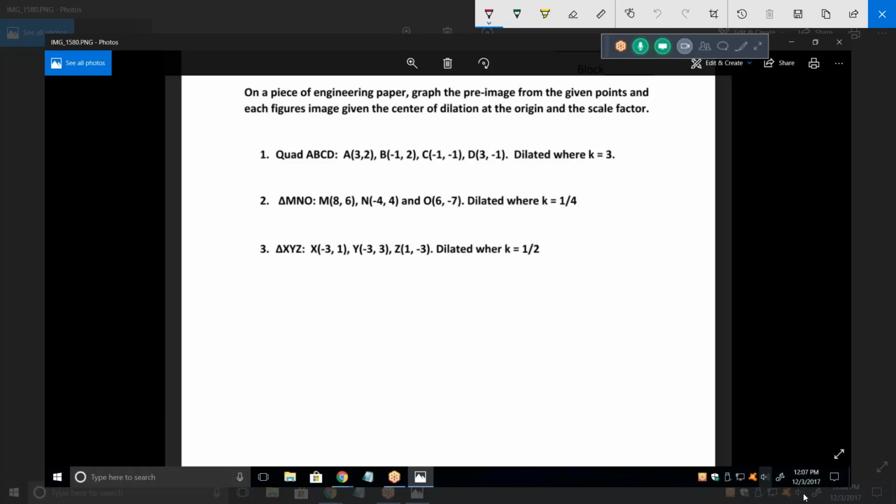In other words, this is really A prime, B prime, C prime, and D prime. So tell me what A is. 6 or 9? Everything's been dilated by a factor of 3. We're going backwards. So 0? Not 0. We're not subtracting. We're multiplying everything by 1/3.